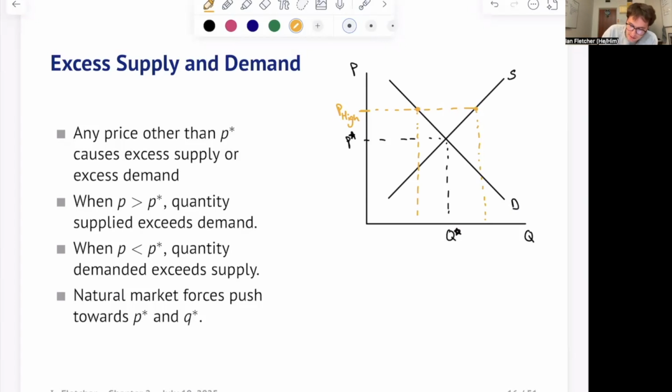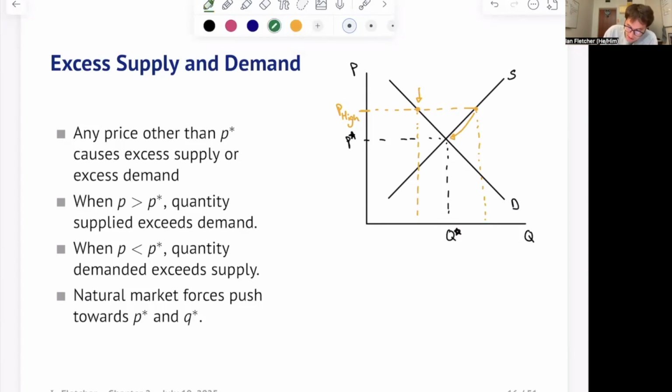This price is too high for a lot of people in the market. Even though the sellers have a lot more quantity, really what they need to do is figure out a way to come back towards the center. The best way to do so is just to lower their prices, and in the long term that will bring us back to the equilibrium.